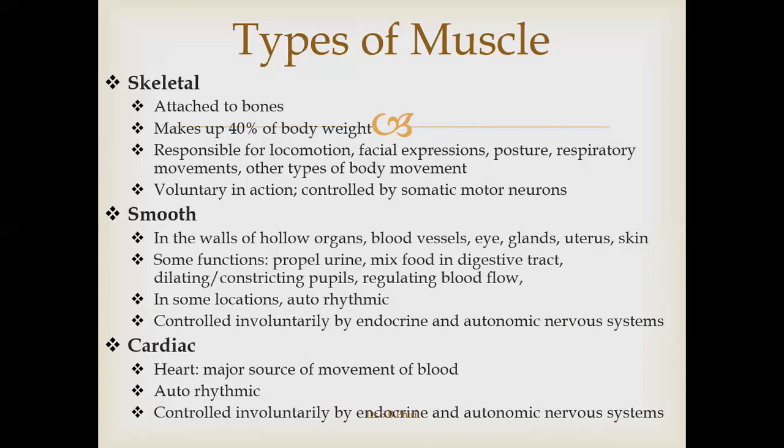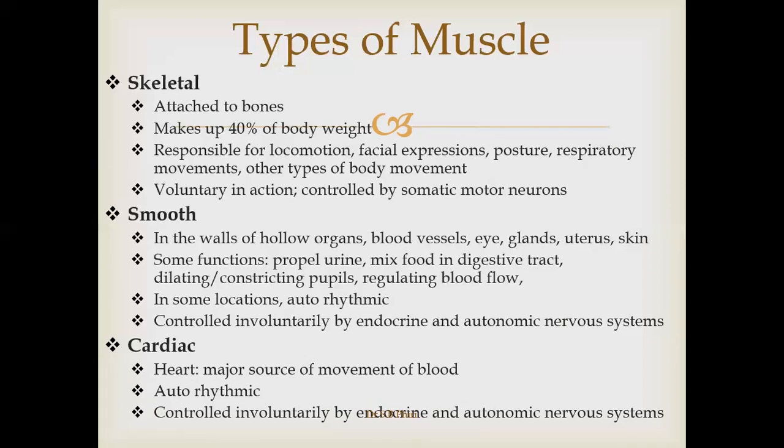So what is facilitating the movement of blood? The myocardium, the cardiac muscle cells in the ventricles of the heart. They are controlled involuntarily, just like the smooth muscle cells, by the endocrine and autonomic nervous system. The autonomic nervous system has the parasympathetic and the sympathetic branches.